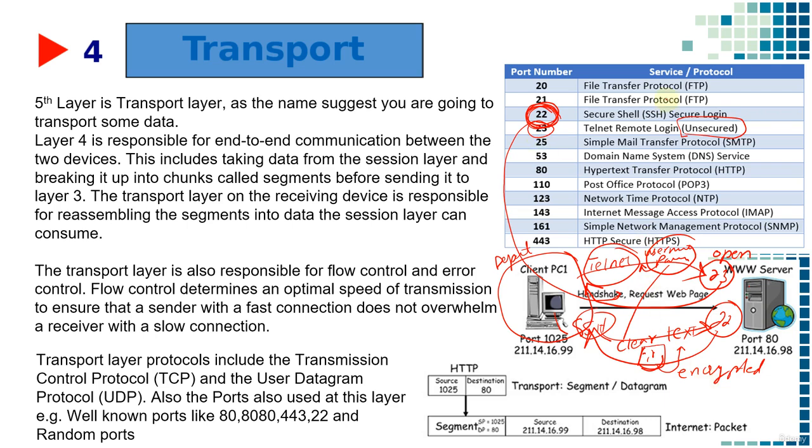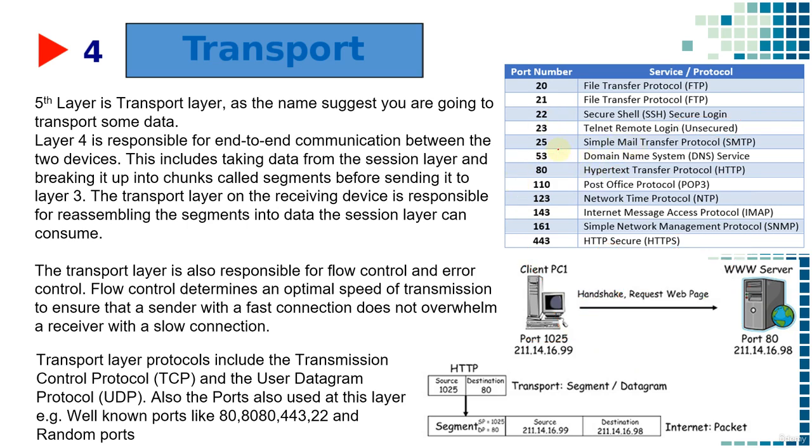I'm not going to waste my time describing all these ports and services, but I'm going to give you an idea. Then similarly, telnet uses 23, SMTP uses 25, DNS uses 53, HTTP uses 80, and this is not secure as well.